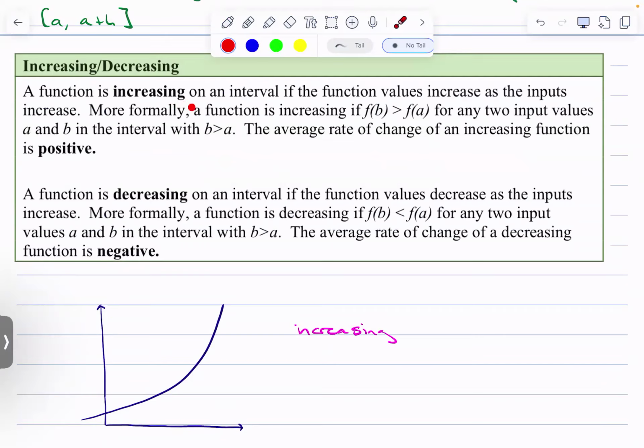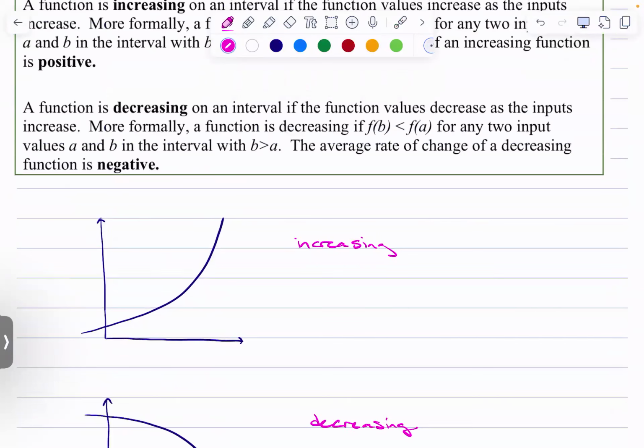A function is increasing if the function values increase as the inputs increase. Really what we can talk about is if f of b is greater than f of a. So if we have some generic a, b, then of course here's f of a and here's f of b.